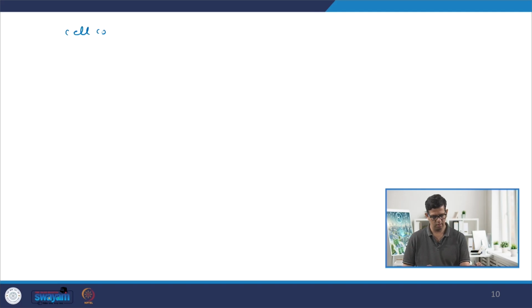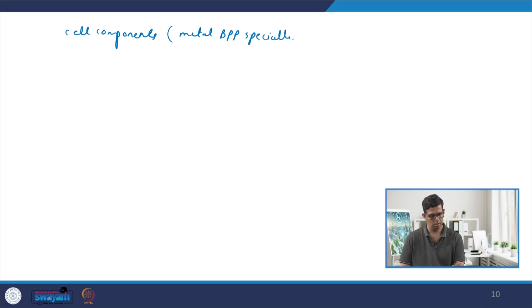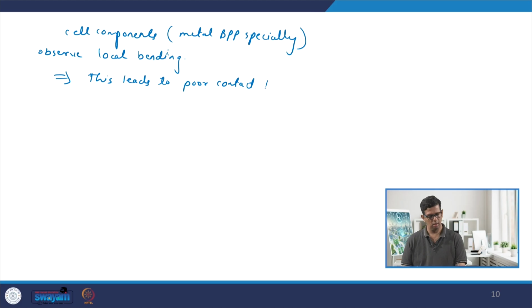Cell components, typically the bipolar plate, which is a metal bipolar plate I would say, especially observe local bending, and this leads to poor contact between the GDL and the bipolar plate.